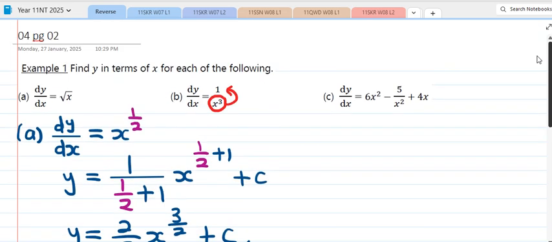Okay, for part C, over here, dy by dx equals 6x squared minus 5 over x squared plus 4x. So here you have to change also the second term, which is 5 over x to the power of 2.